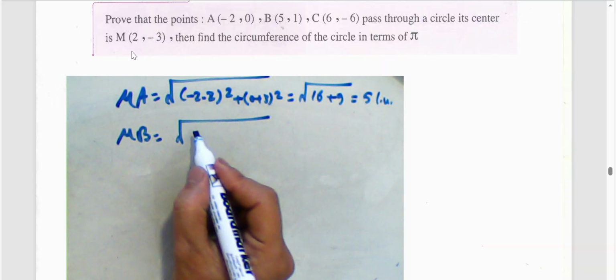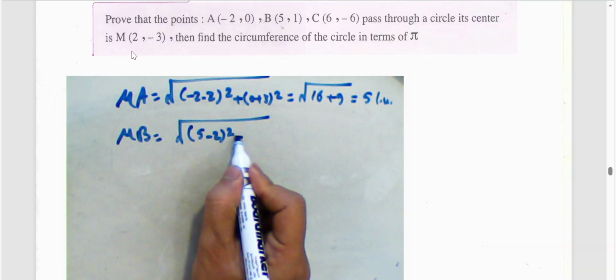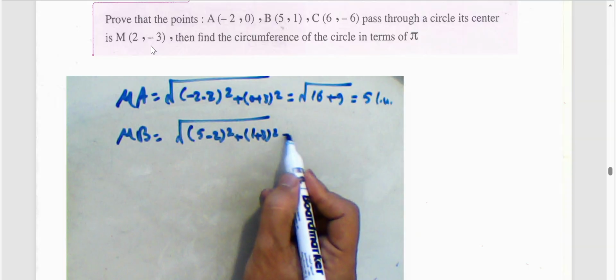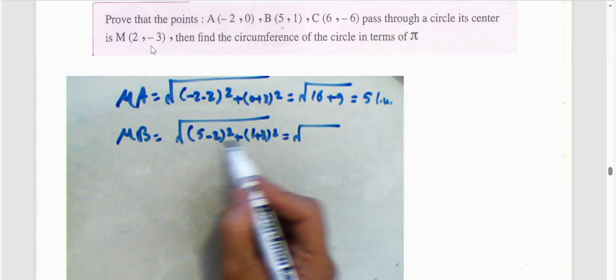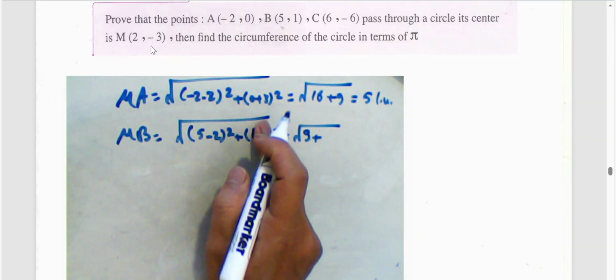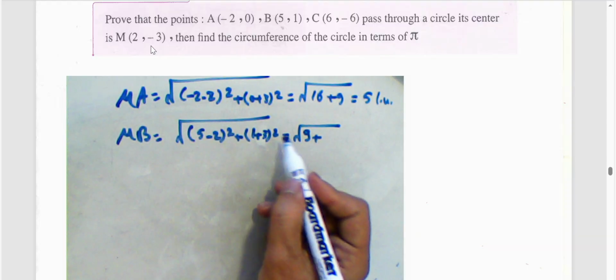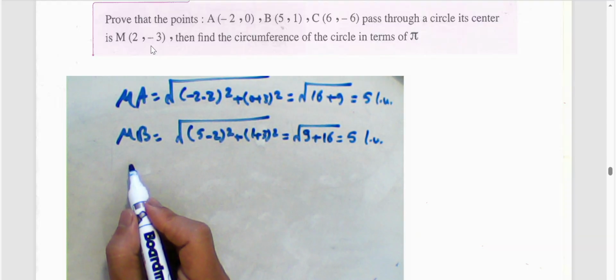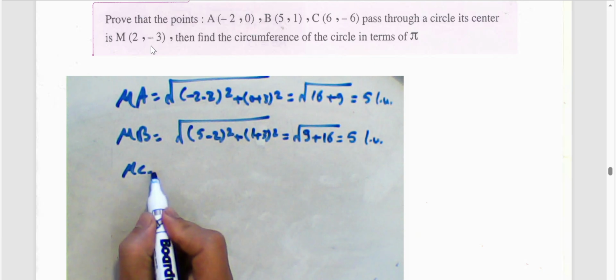Then we can find MB. The distance between M and B: 5 minus 2 all power 2, and 1 minus 3, it will be 1 plus 3 all power 2. 5 minus 2 is 3, 3 power 2 is 9, 1 plus 3 is 4, 4 power 2 is 16, square root will be 5 length units. And write MC.